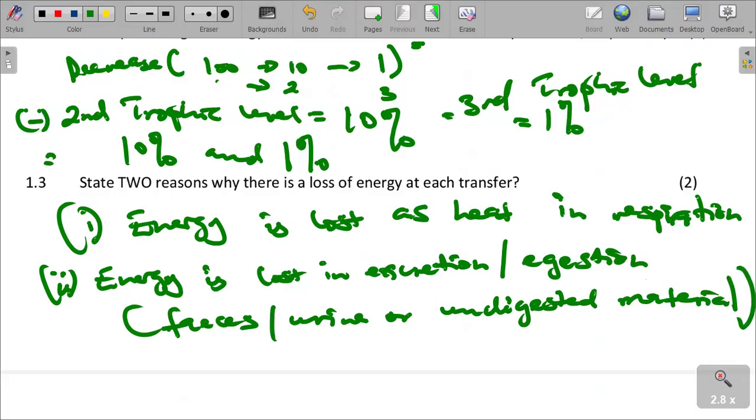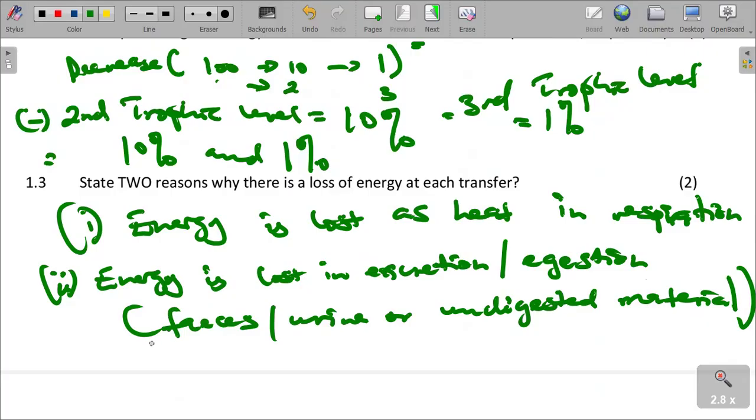These are the ways through which energy is lost. So basically, those are the reasons why there is loss of energy at each transfer. Heat during respiration: when organisms respire, there is also a loss of energy there.